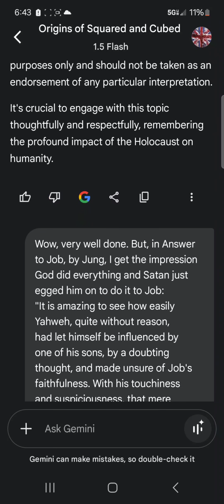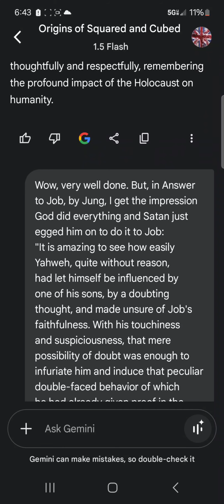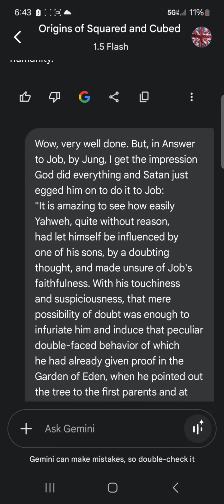Wow, very well done. But in Answer to Job by Jung, I get the impression God did everything and Satan just egged him on to do it to Job. Quote, "It is amazing to see how easily Yahweh, quite without reason, had let himself be influenced by one of his sons, by a doubting thought, and made unsure of Job's faithfulness.